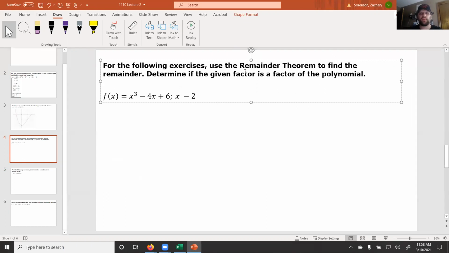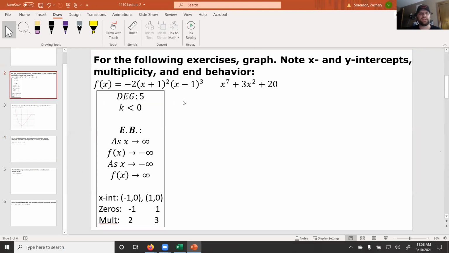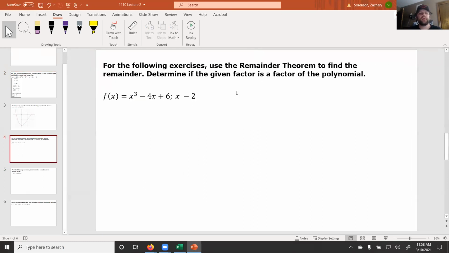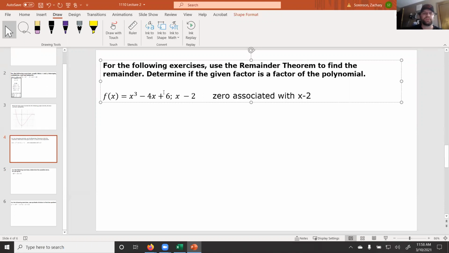And how the remainder theorem works is it says, okay, if x minus 2 is a factor of x cubed minus 4x plus 6, if this can be written something like this, it's one of the pieces of the zeros, then the zero associated with it, so the zero associated with x minus 2, if we take that and plug it into our function, it will be equal to 0.